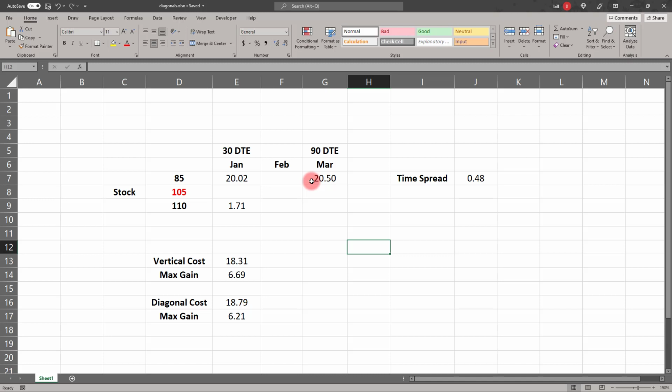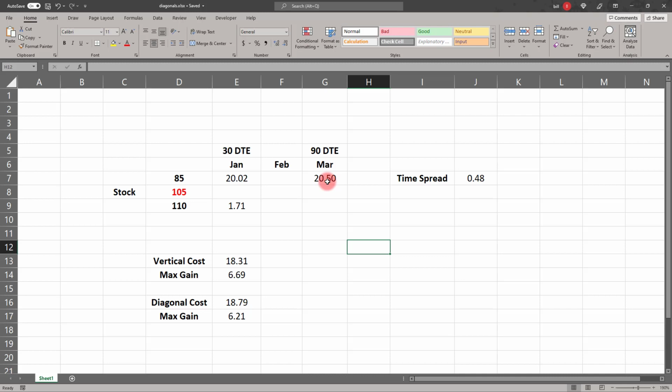If the stock moves up, it's not really a problem. We could always roll this one and re-enter the position down here when this becomes the February expiration. But what if it falls? See, if it falls, we have the ability to reestablish it at a different price and still use the vertical. You might not have that opportunity with the diagonal. So that's just one that comes to mind.